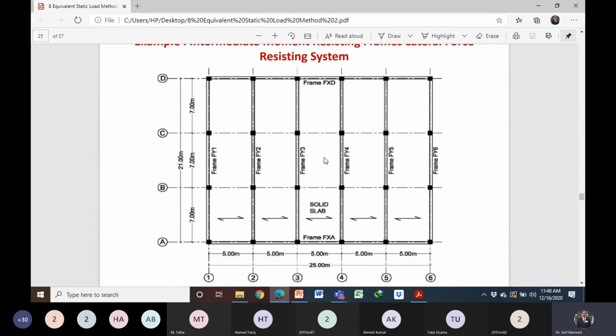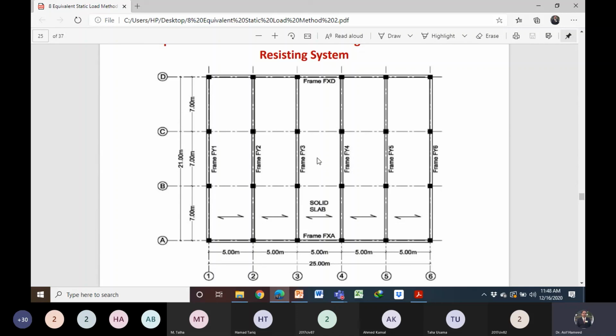This is a symmetrical building, and this is the center of stiffness of the structure, the center of stiffness of this complete building. What is the distance from this center to the center of this frame? 2.5 meter. You are right.